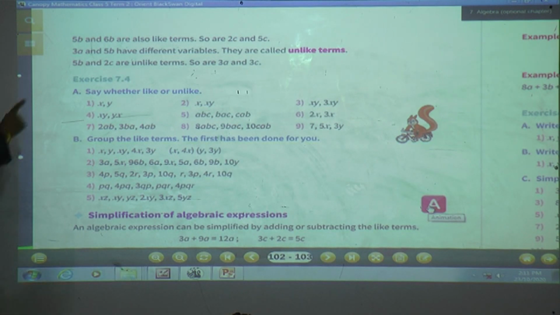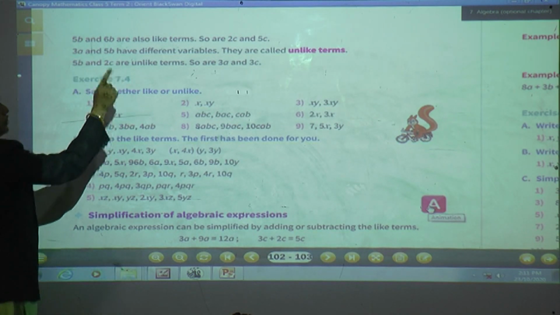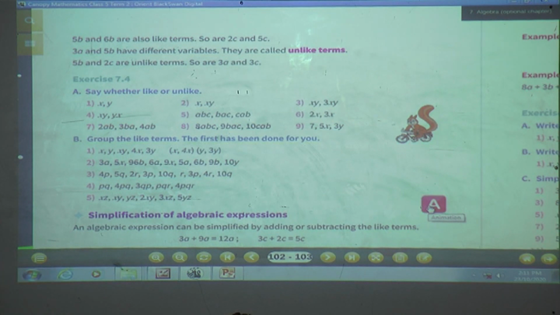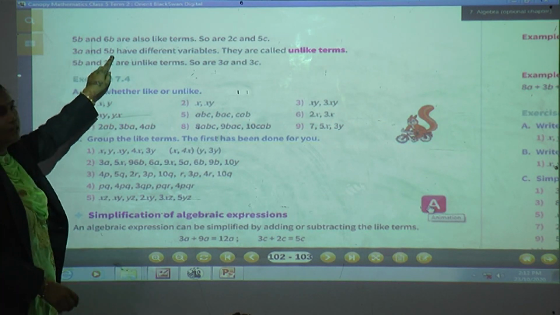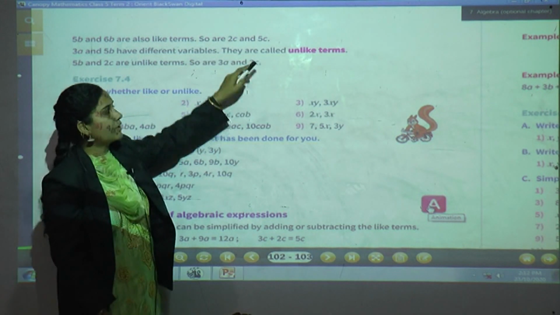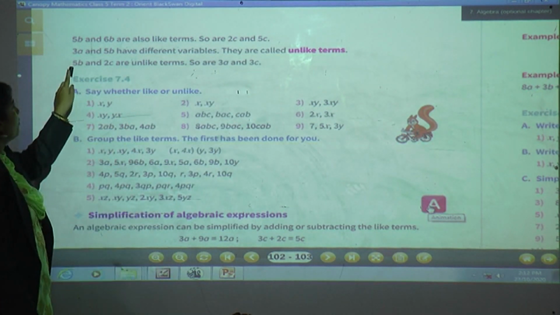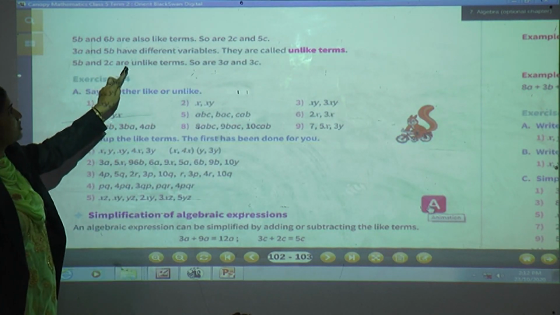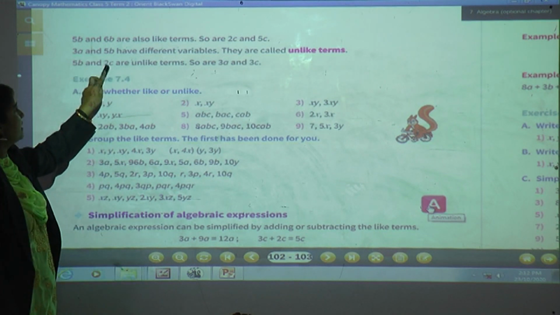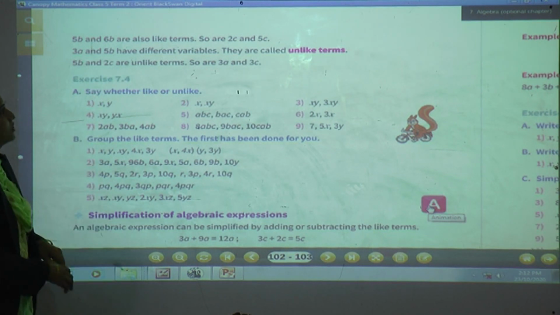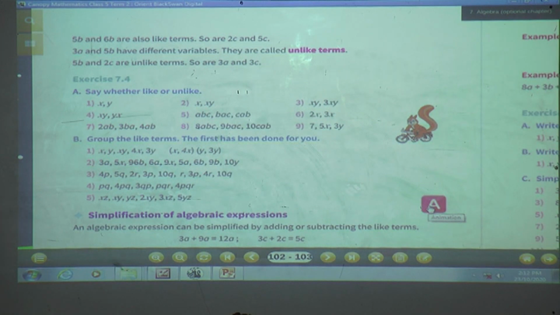Now 3a and 5b have different variables. See, here is a and here is b, so they are called unlike terms. 5b and 2c are also unlike terms because variables are different, so are 3a and 3c.